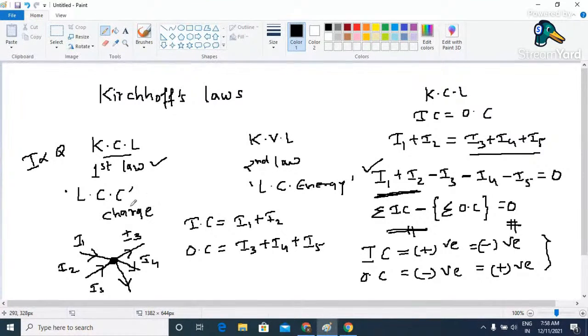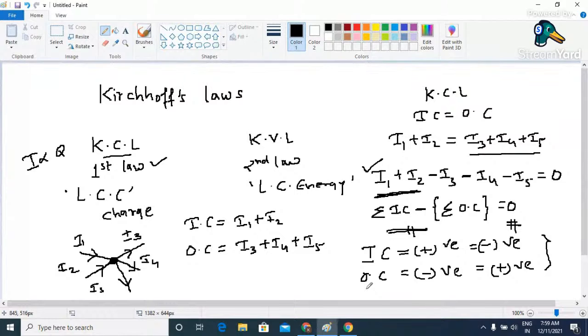That's why this law is called the law of conservation of charge. The statement is: the algebraic sum of current at any junction in a circuit is always going to be 0. The condition is that we need to apply proper sign conventions to the incoming and outgoing currents. If you take incoming current as positive, outgoing current is going to be negative. Or if you take outgoing current as positive, the incoming current is going to be negative.